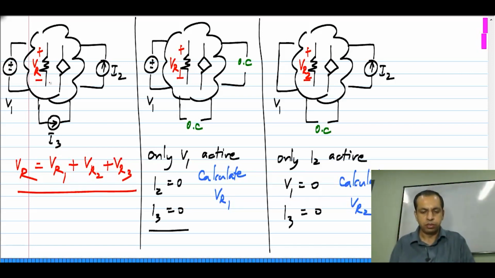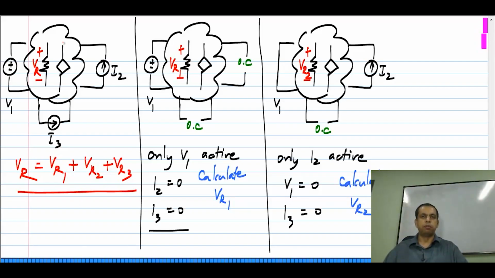Okay. So, this is how I can get the solution to the circuit, which contains 3 independent sources. Instead of analyzing one circuit, we did it 3 times, but each time with a single source. So, that is why it is easy to do, right. With a single source, it is always easy. So, we do it 3 times and sum the results together.